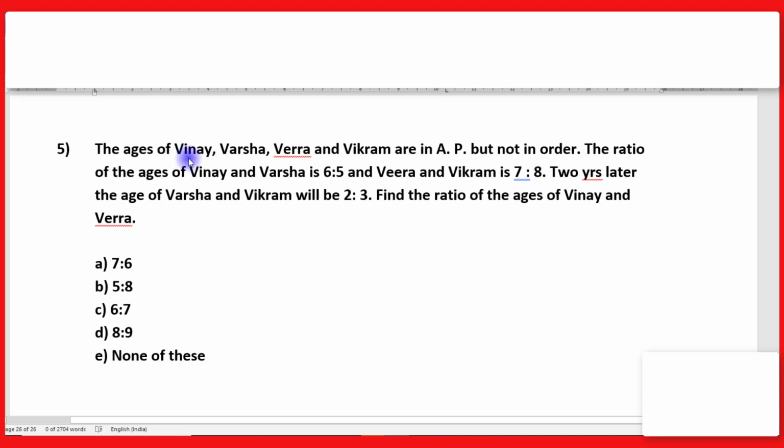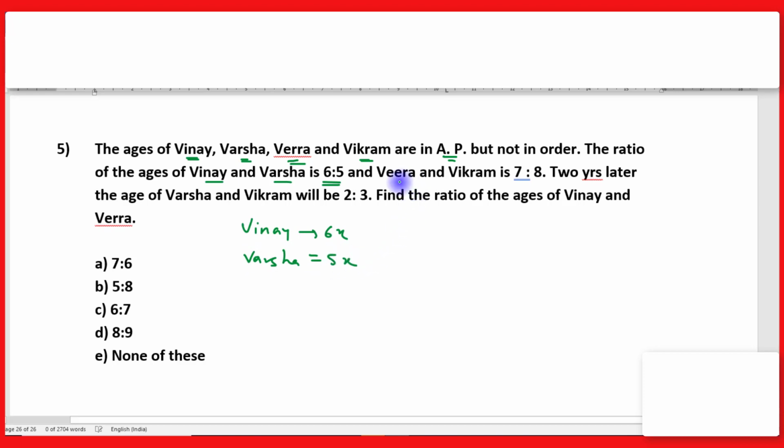The ages of Vinay, Varsha, Veera and Vikram are in AP but not in order. The ratio of the ages of Vinay and Varsha is 6:5. So we will assume that Vinay's age is 6x and Varsha's age is 5x.